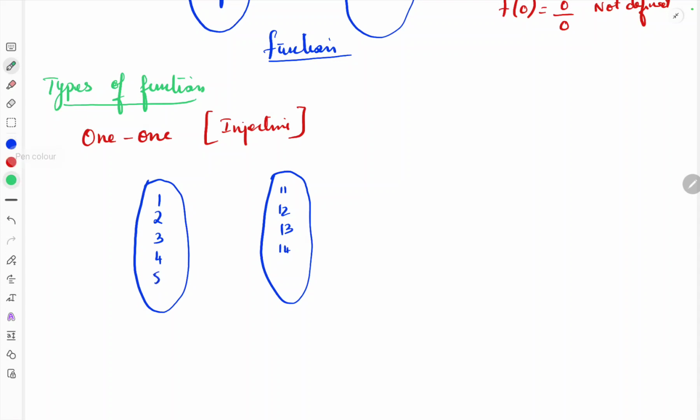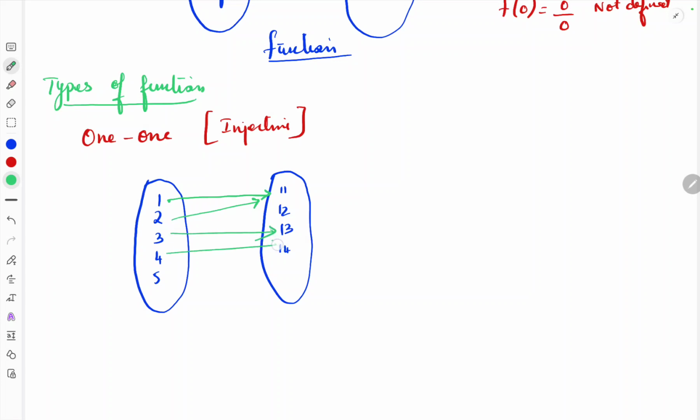See here, one-to-one is nothing but if this 1 is mapped to 11, other than 1, no other element in the domain should map to the element 11. Suppose if I map this 2 to 11, it is also a function only, but it is not one-to-one because this 2 is mapped to 11.